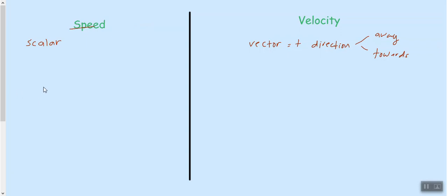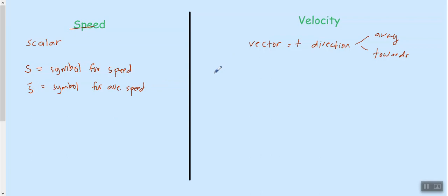Speed has a symbol, lowercase s. S is the symbol for speed. My apologies for a little bit of lagging. And we can also have a symbol for average speed, and we will just put a bar on top.